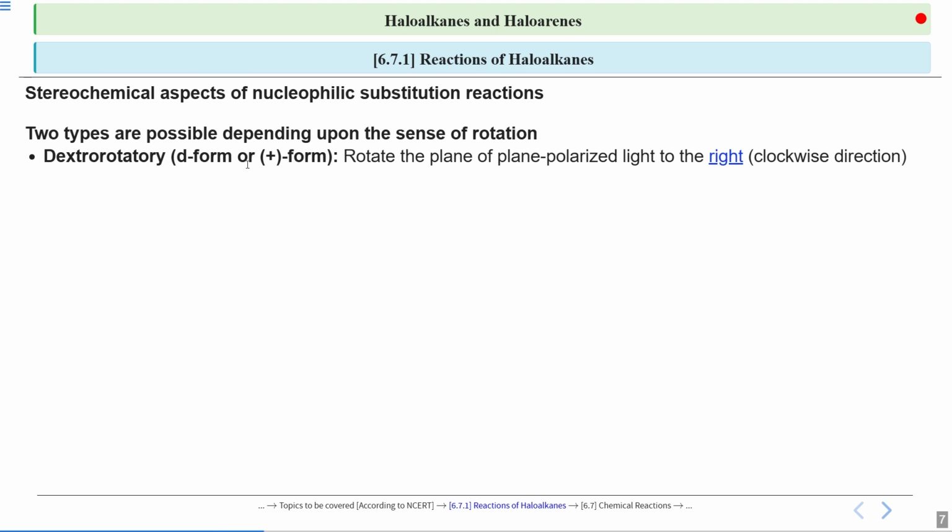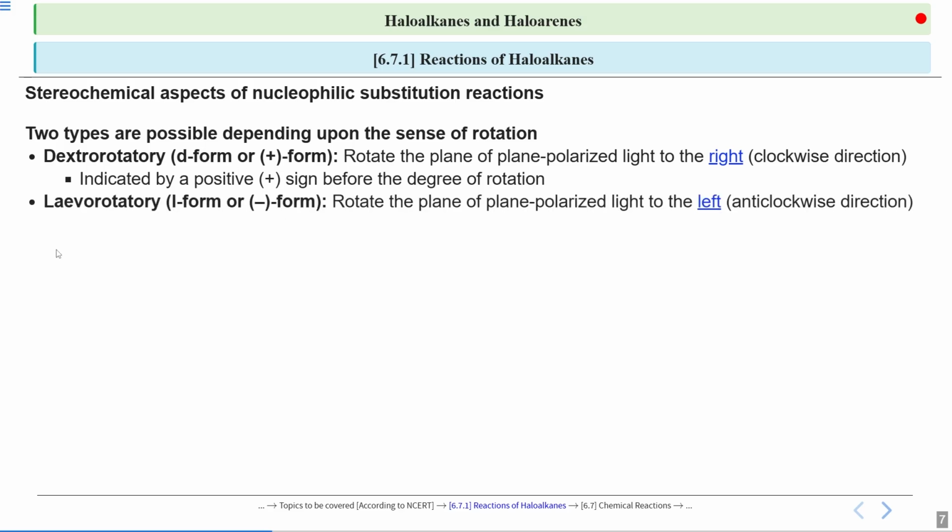In short form, you call it the D form, or you can put a positive sign before the degree of rotation.